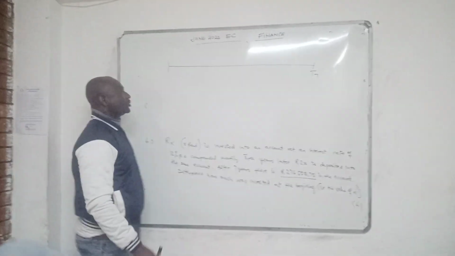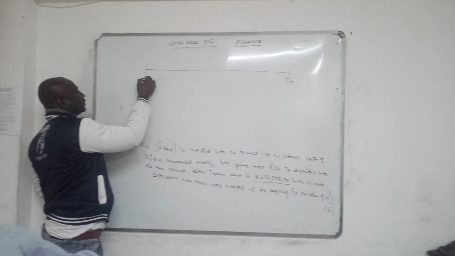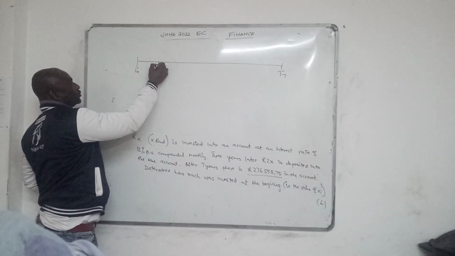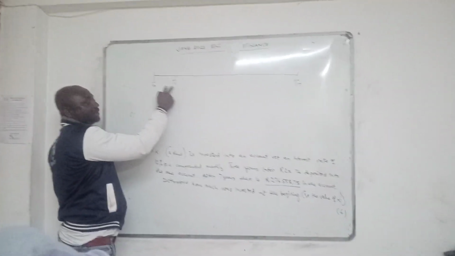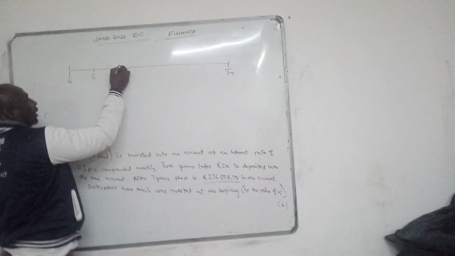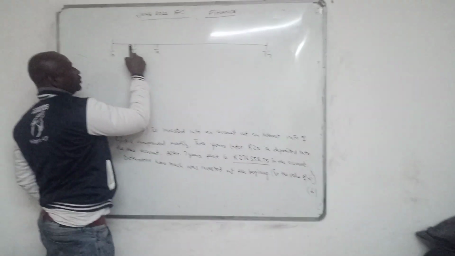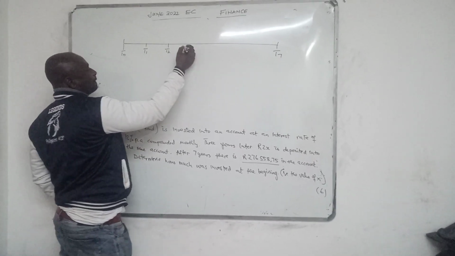So it means the investment lasted for how long? 7 years. So on the timeline, we start with T0 to T1. That is 1 year. T0 to T1 is what? 1 year. Then T1 to T2 is another 1 year, making it 2 years, right?